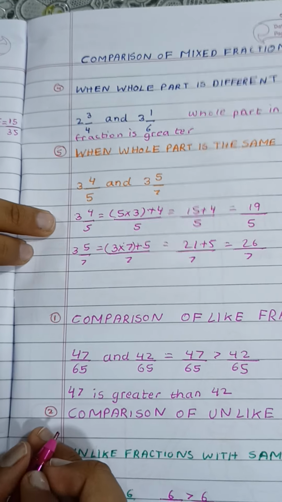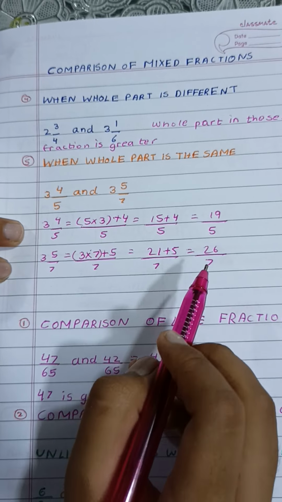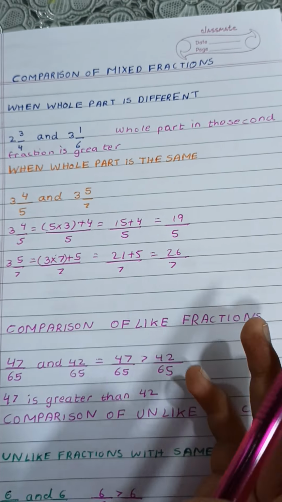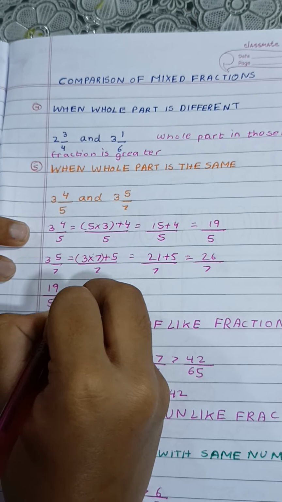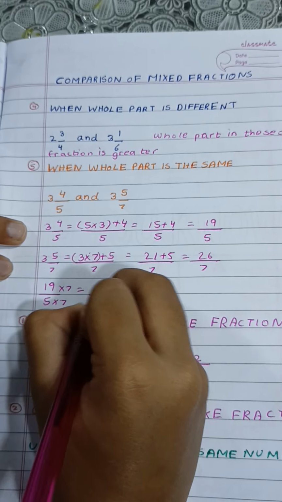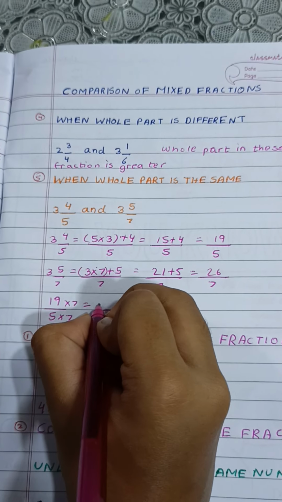Now we have to find the LCM of 5 and 7, that equals 35. And now 19 upon 5 times 7 over 35. 19 sevens are 133.